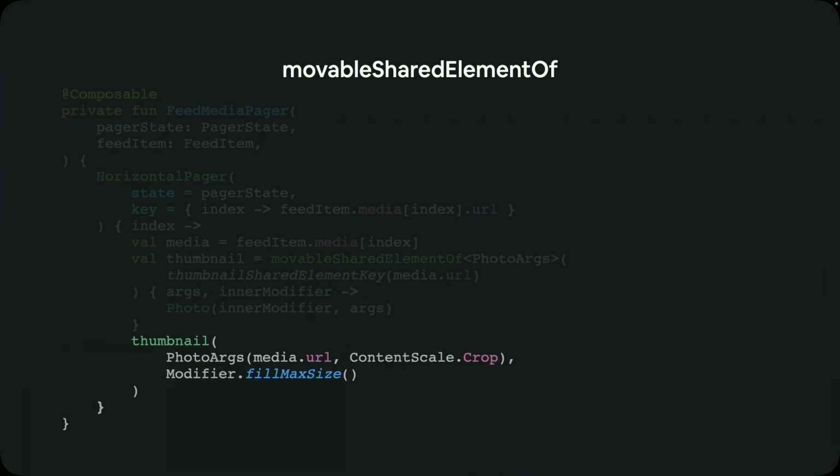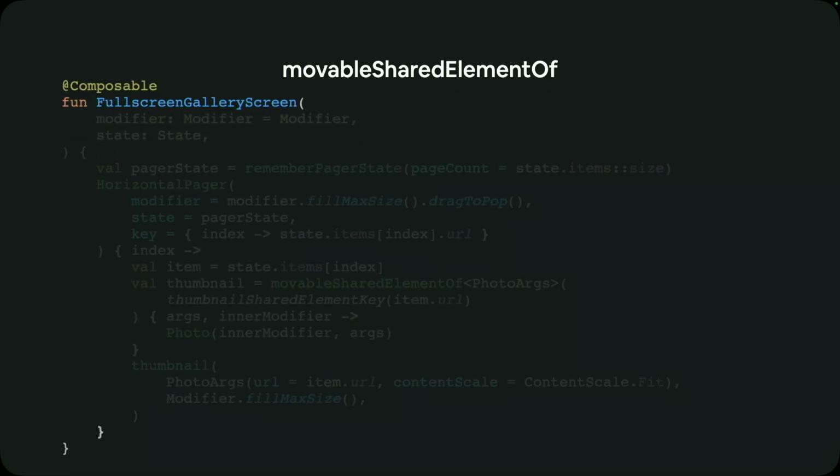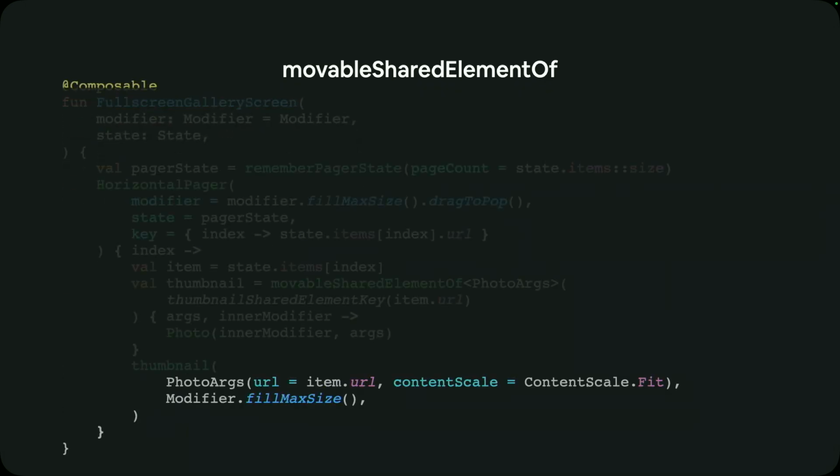But I want to show you that here, I am invoking it with ContentScale.Crop. If I go to the next screen, it has literally everything the same, but this time I'm invoking it with ContentScale.Fit. Can you see where I'm going with this?